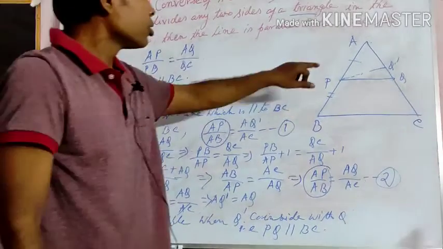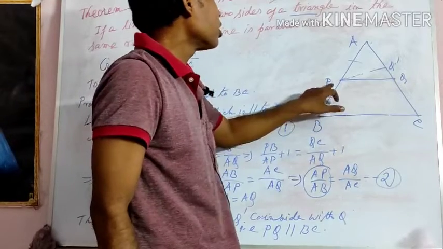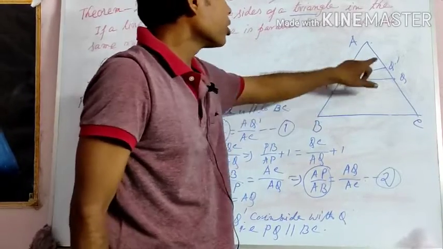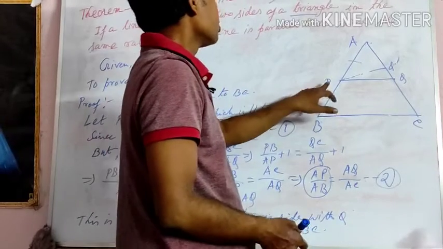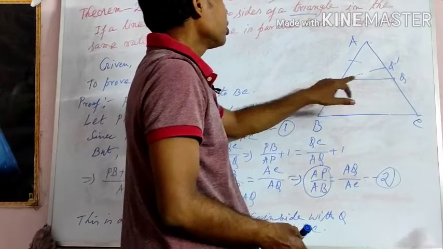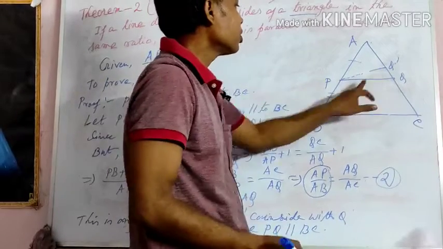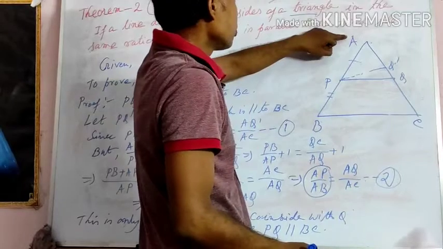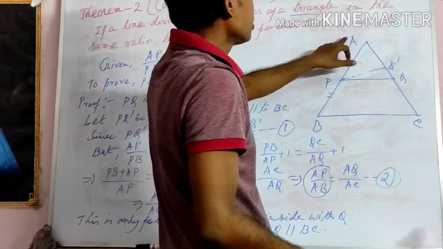First you have to draw a triangle ABC, then a straight line PQ, the ratio will be AP by PB is equal to AQ by QC, given. So let us consider that PQ is not parallel to BC. Let P dash Q be parallel to BC. So now AP by AB is equal to what?